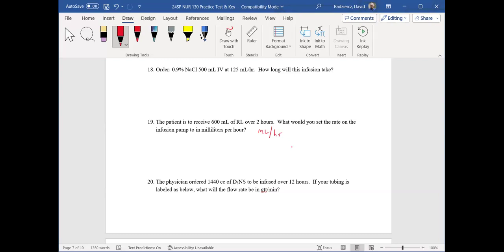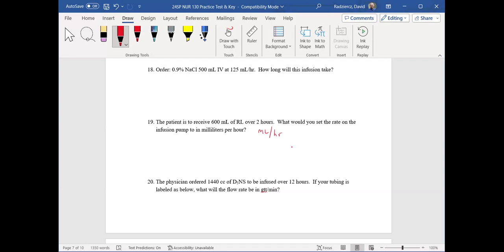It also looks like they have some medication being infused at a couple drops per minute, or a couple milliliters per hour, but it looks really small, like 1 ml per hour, which would be a very slow rate. You would get the idea. We don't want to be flooding their system with a medication. We want to titrate it in nice and slow and easy. That's what this is all about.